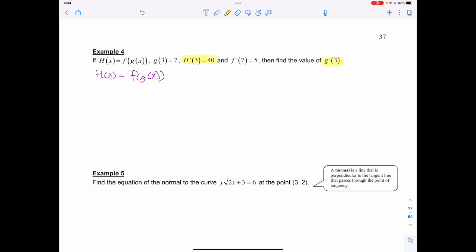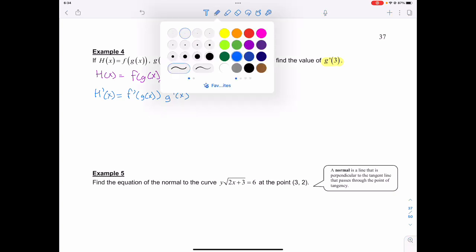Well, what do we know? If we know that h of x is equal to f of g of x, then that means that we also know that h prime of x has to equal f prime of g of x times g prime of x.